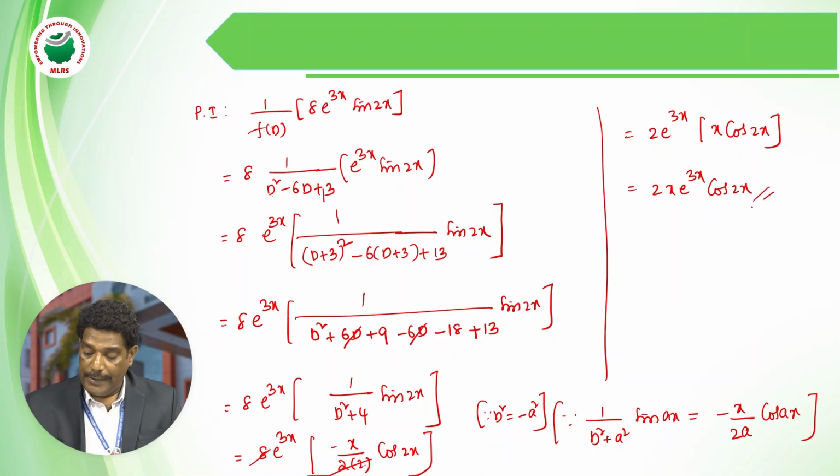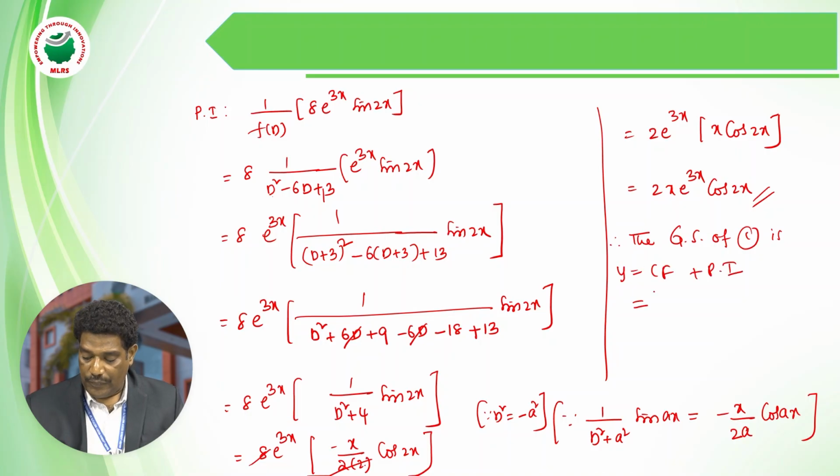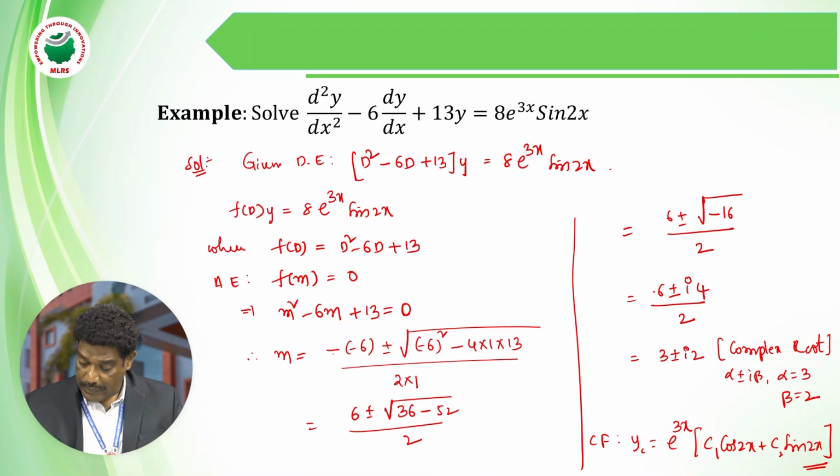After finding the PI, the next step is the general solution. Therefore, the general solution of 1 is y equals CF plus PI. We already found the CF. What is the CF here?